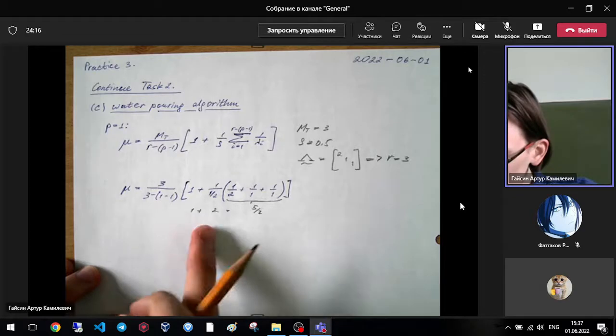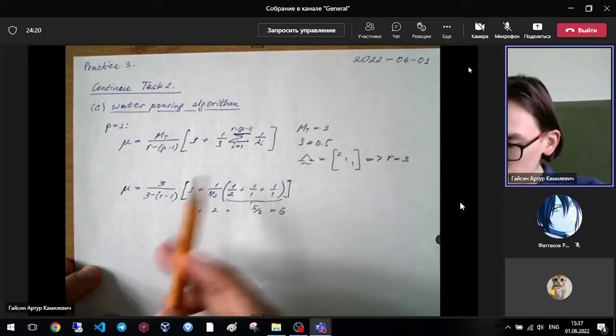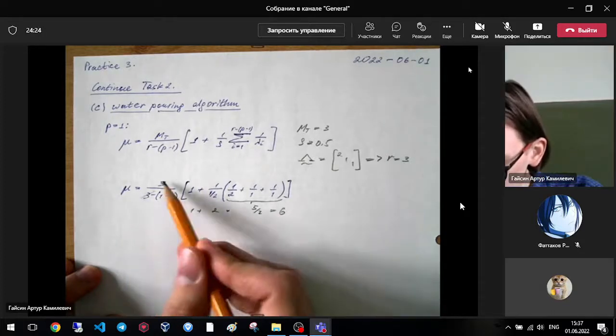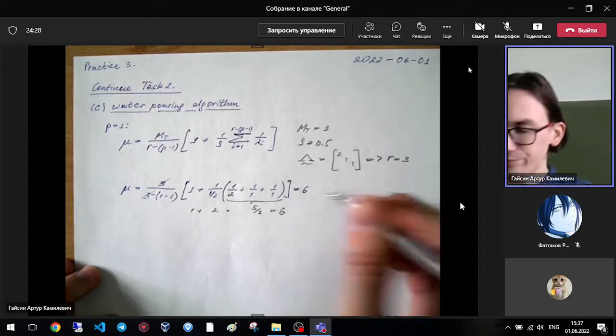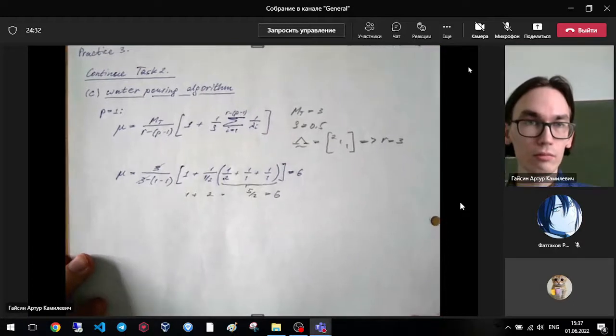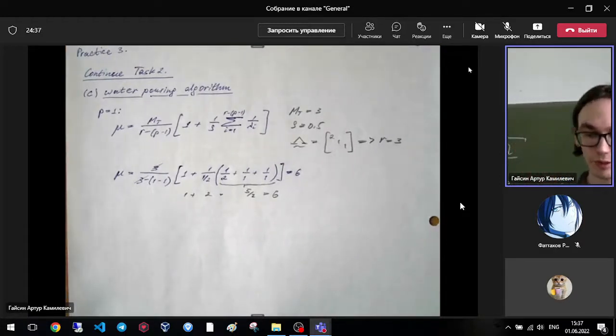So this thing is equal to 6 inside of the braces. And this thing is equal to 1. So we can say that the water level is equal to 6. Next, let's calculate our power allocation values.